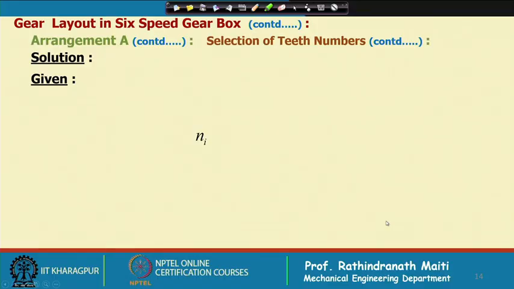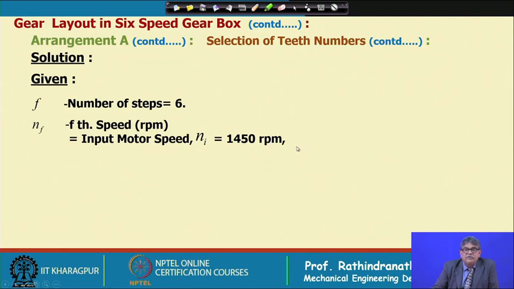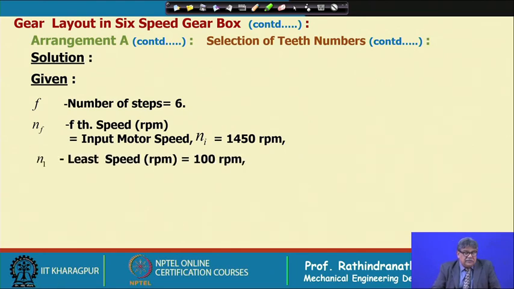Now, with this problem, if you go into the solution, first of all we will find what data is given. The given data are: the number of steps is 6, the final speed is 1450 rpm, because that is directly the motor speed with 1:1 ratio, and the least speed is 100 rpm.